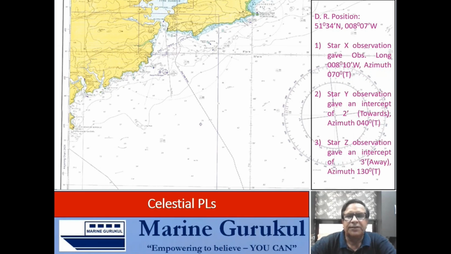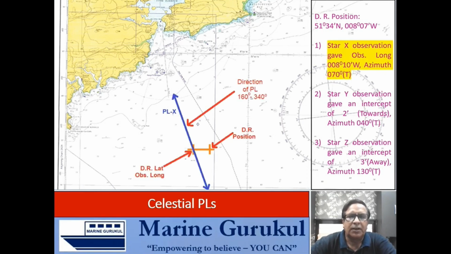The first case: star X observation gave observed long of 008 degrees 10 minutes west, azimuth 070 degrees true. In such cases where observed longitude is the result, such observations are solved by longitude by chronometer. In long by chron method, the PL is drawn through DR lat and observed long.